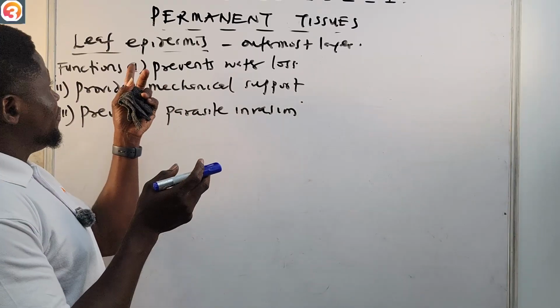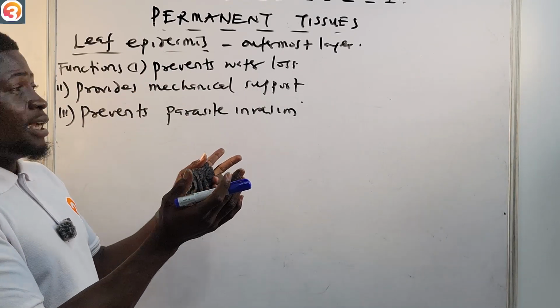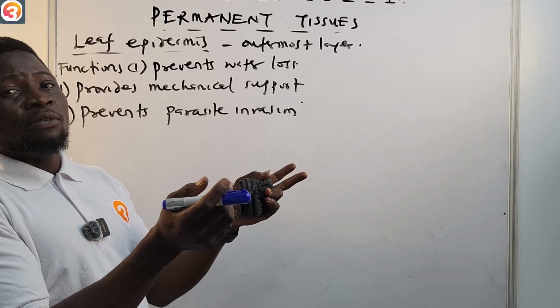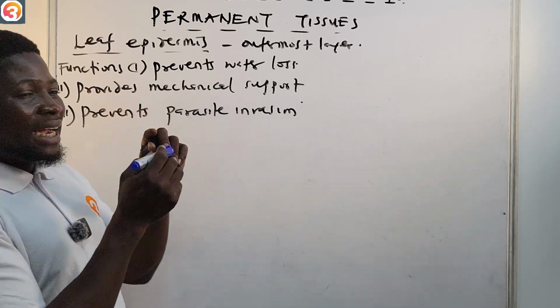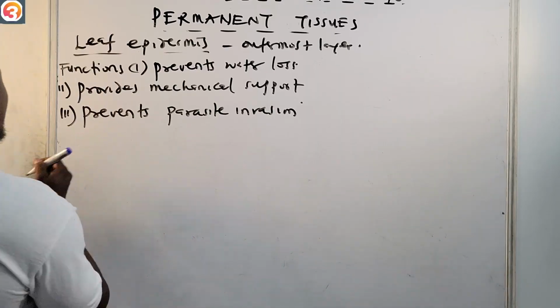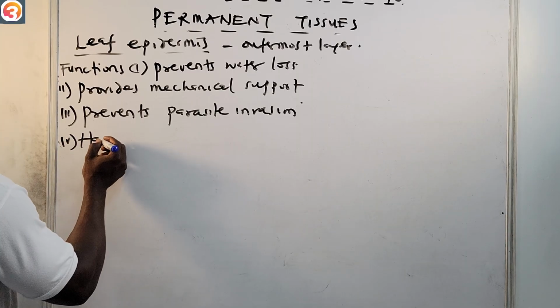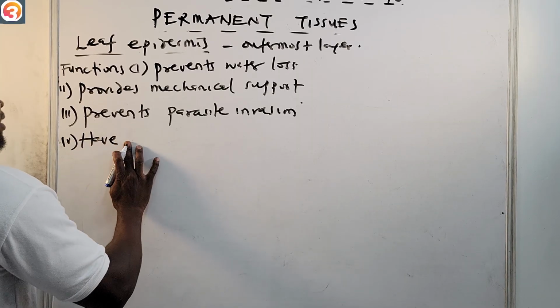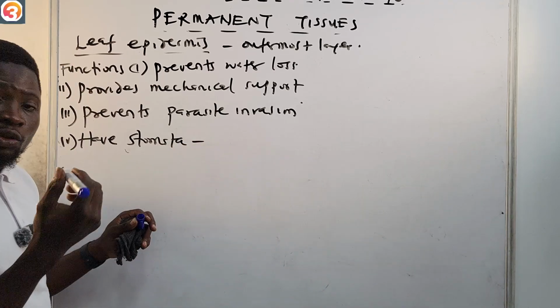We're talking about the leaf epidermis. These are protective tissues. They help to protect the plant. So number one function, prevents water loss, provides mechanical support, prevents parasite invasion. Number four, they possess stomata. What is the function of the stomata?